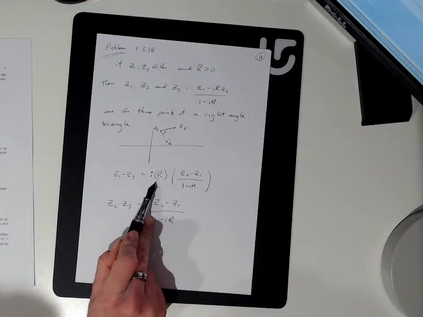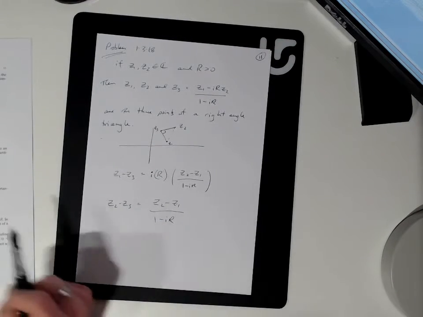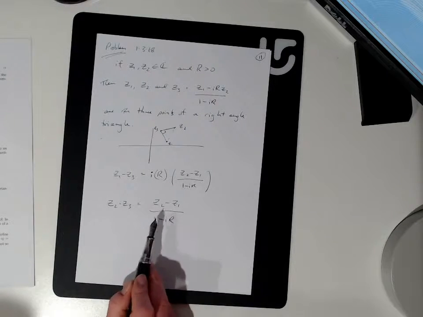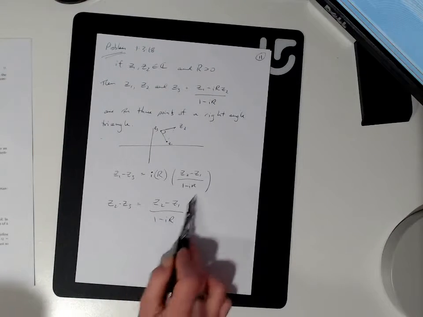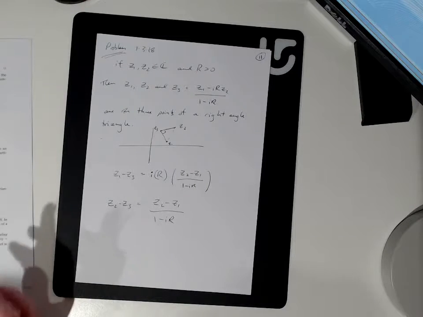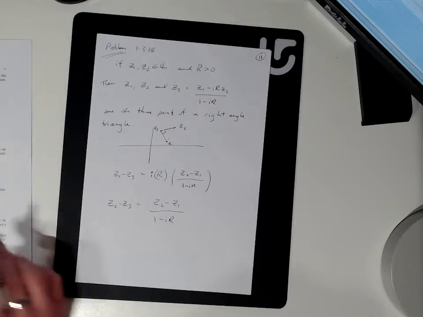Apart from a bit of stretching, one of them is at 90 degrees to the other, because the equations are the same except for this multiplication by i. That means that the two lines are at 90 degrees.